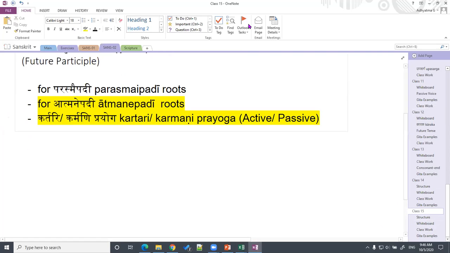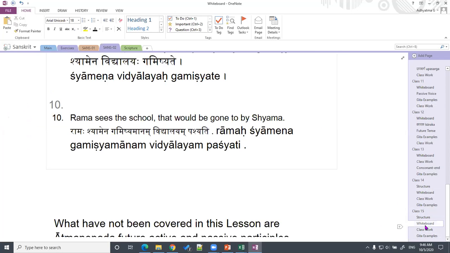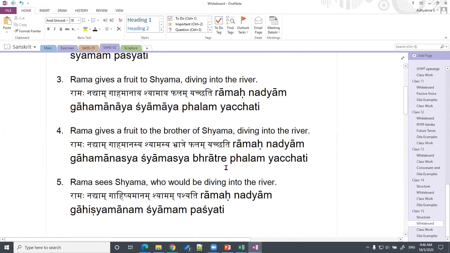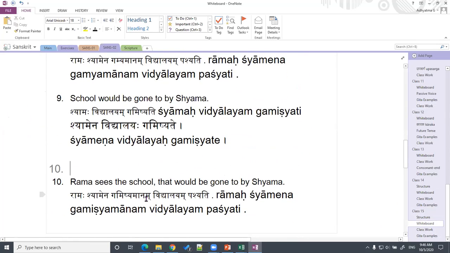But so far, if there are no more questions, I just want to also tell you one thing here. Mana will become Mana. So actually Gamishyama, it will become Gamishyamanam. Because if it is Refa or Shakara, here we have Shakara.